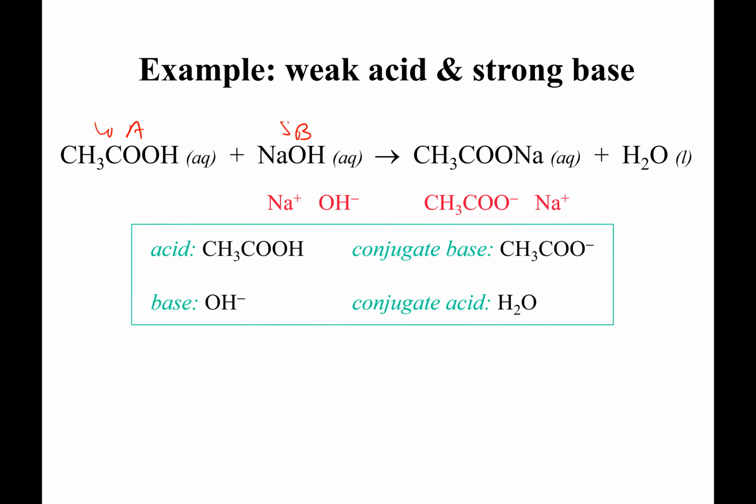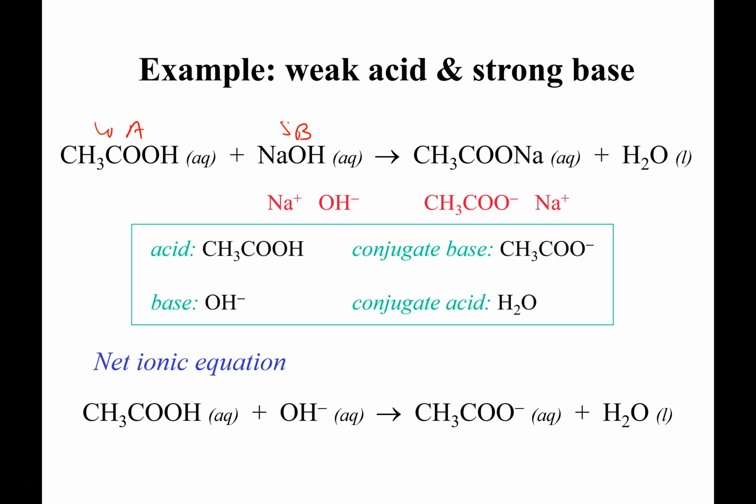Picking out the pairs on either side of the reaction arrow, we have acetic acid and acetate, differing by a proton. Then we have OH minus and H2O, differing by a proton. Here's the net ionic equation, minus the Na+. So you have CH3COOH plus OH minus goes to form CH3COO minus and H2O.